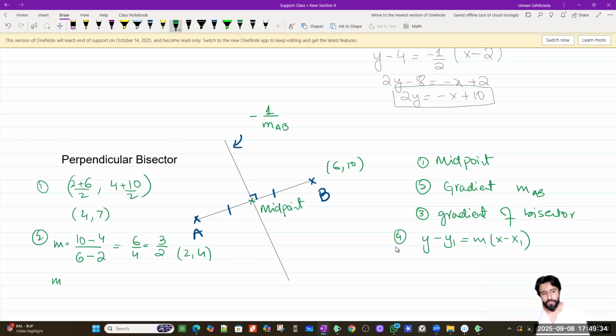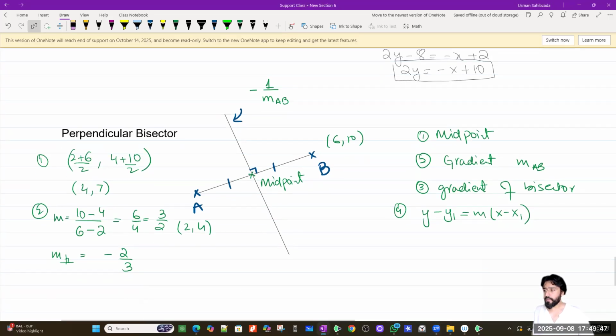So the gradient of the perpendicular to AB is, flip that, negative reciprocal, so it becomes minus 2 by 3. Any questions till now?